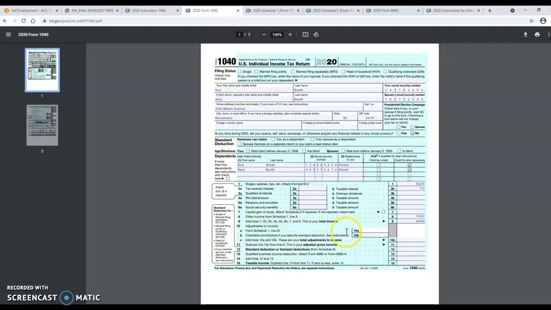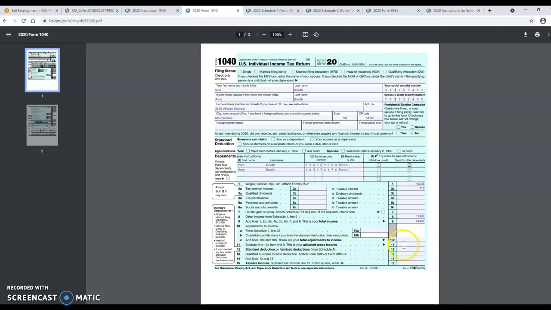10A is from adjustments. We don't have any of that. Charitable contributions. If you take the standard deduction, you can deduct up to $300 of charitable contributions in cash that you made. So we don't have any of that either. So 10A, B, and C is just blank.